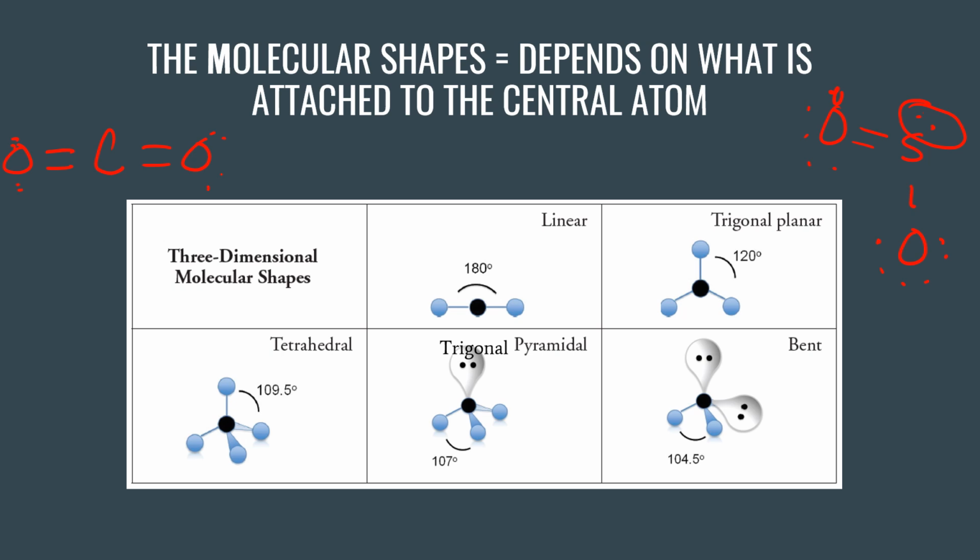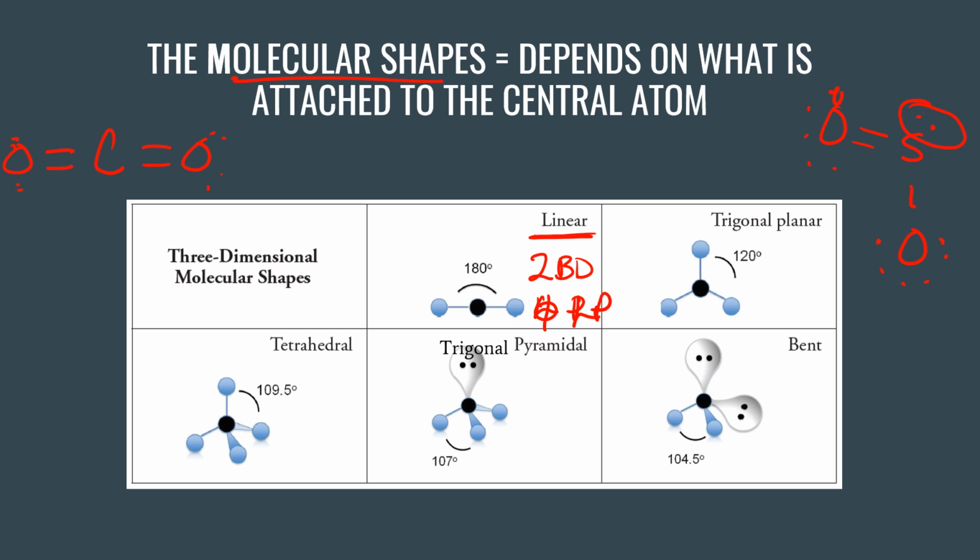So if there are two bonding domains and no lone pairs, the molecular shape is called linear and has a bond angle of 180 degrees. Trigonal planar has three domains and no lone pairs. It is 120 degrees.